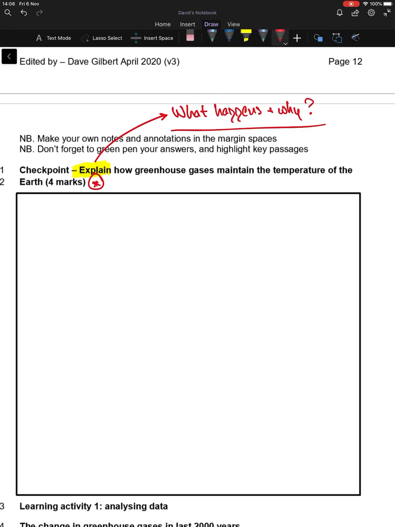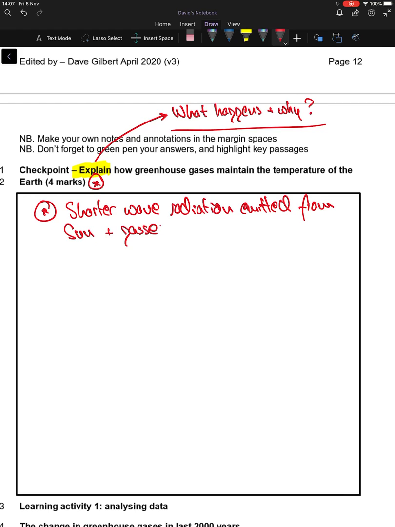Right, explain how greenhouse gases maintain the temperature of the Earth. So, the first thing to bear in mind that you get a mark for here is that shorter wave radiation is emitted from the sun and it passes through the atmosphere.